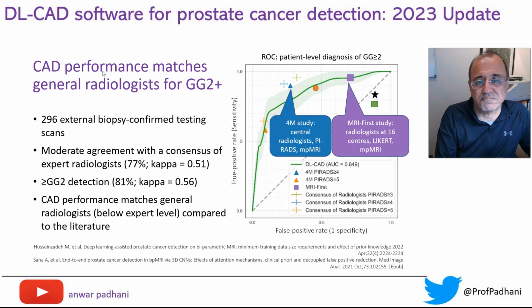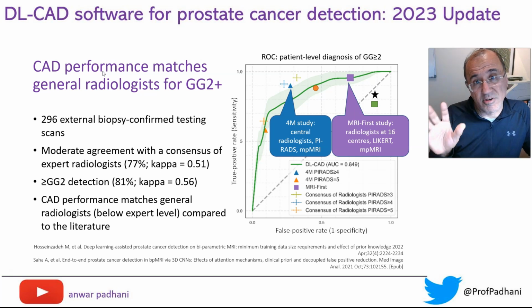This is a completely different AI. And in this instance, what I've done is I've plotted the AI, which is shown here in green with the 95% confidence interval, against a number of internationally recognized data sets. So you can see the MRI first studies shown there, and the 4M study is also shown.